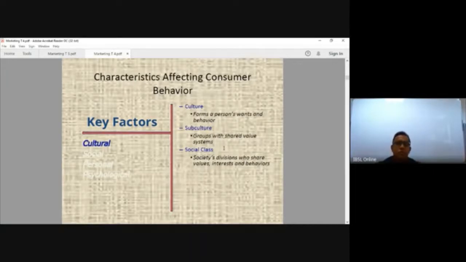Sometimes you find there are different areas of our country. Say the northern people have a different race and religion. Due to race and religion, they have different buying behaviors, and southerners have different buying behaviors.